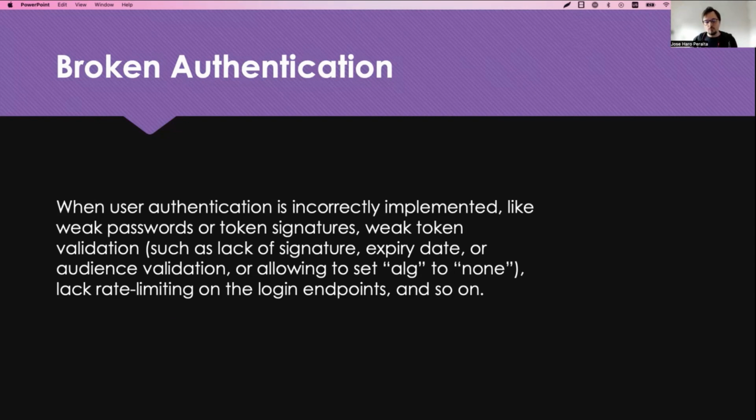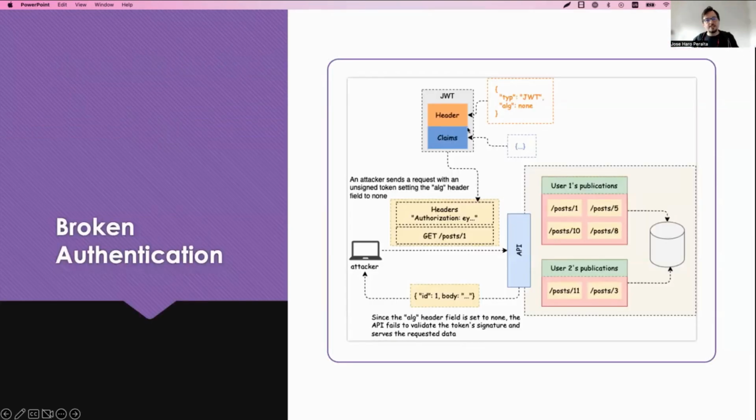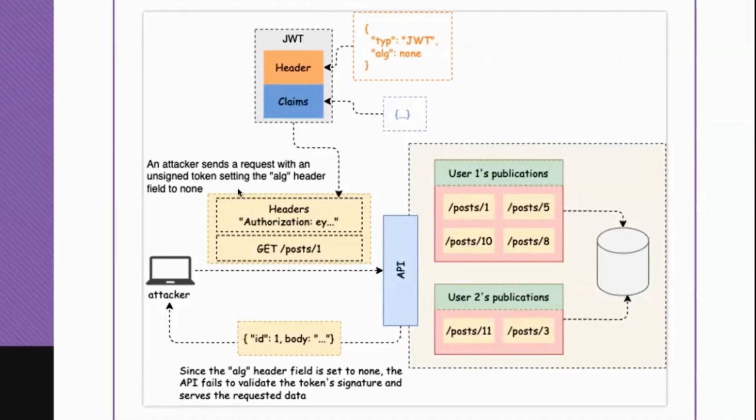It can also be a weak token validation mechanism. Like I said, every API is going to have its own middleware to validate tokens. If we don't do this in a robust way, we open the door for users to bypass these access controls in our API. I'm going to talk more about token validation later, but here is an example. A user bypasses this authorization access control by sending a token without a signature and setting the signing algorithm property of the token to none.